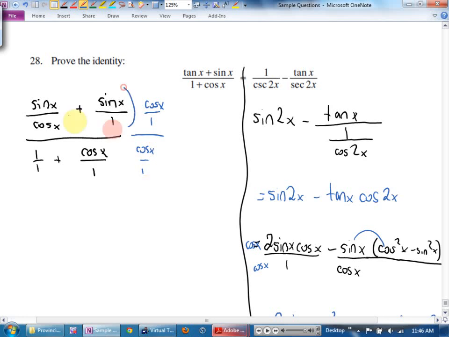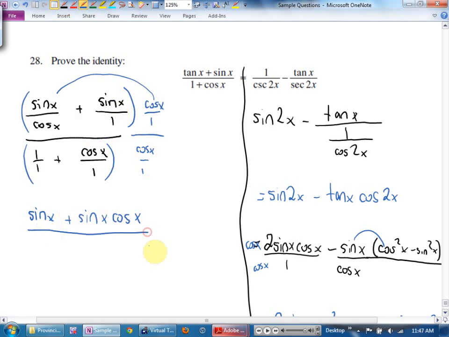Then I've always found when you're multiplying, if nothing cancels, it's worth leaving it factored for one line. So I'm going to leave this as 1 plus cos times cos x and just forget all the ones. In fact, I don't really need a bracket right there. I can just write it like that. Now what? Wait, oh, the top GCF? Okay.